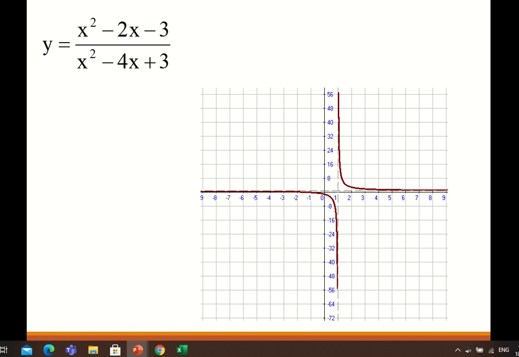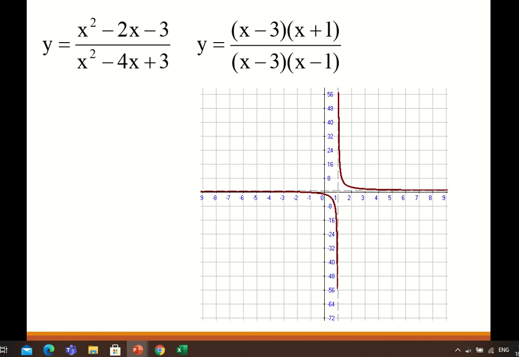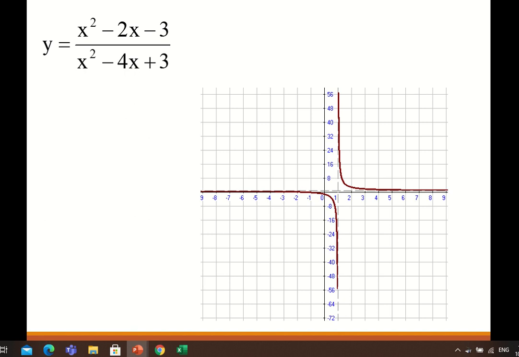Okay, so last one. So we have another given here. Function y equal to x squared minus 2x minus 3 divided by x squared minus 4x plus 3. So we are asked to find the vertical asymptote.